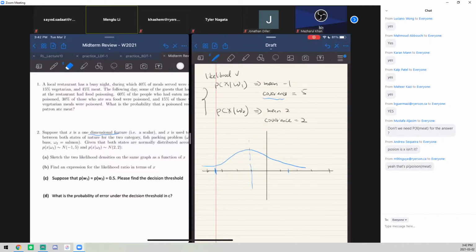So that will be the graph for the first class.